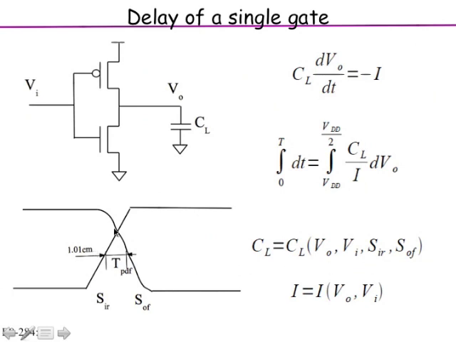It's a very complex function, CL. Similarly, I, which is the current. Remember, the current depends on which regime the transistor is in. The transistor initially starts off in sub-threshold, goes to saturation, then gets back to linear and then shuts off. So again, I is a function of V0 and Vi.